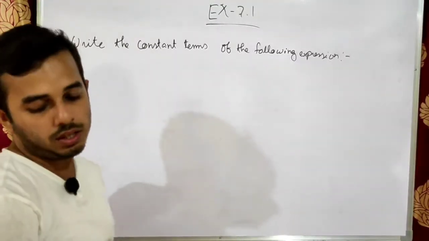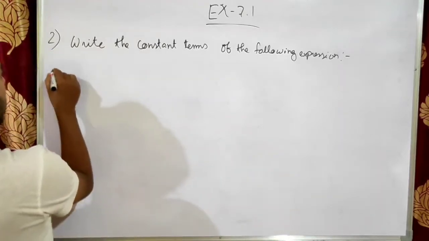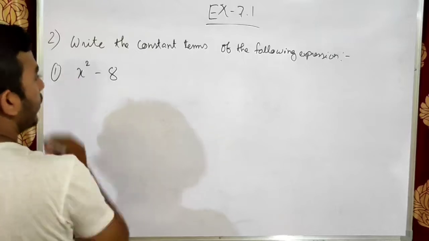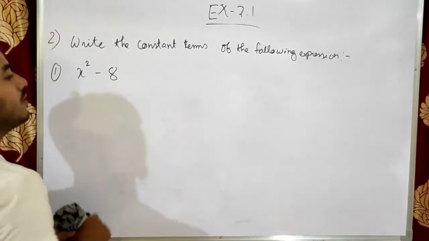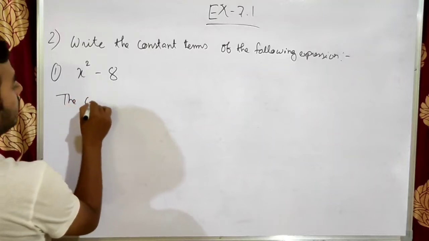Up to this clear? Okay, so the first one is x cube, x square minus 8. So here which one is the constant term? It is minus 8.